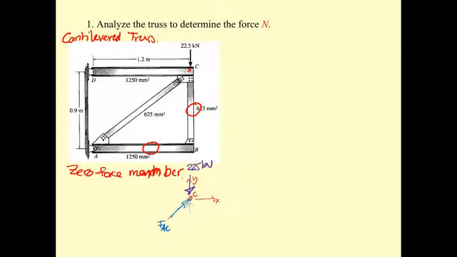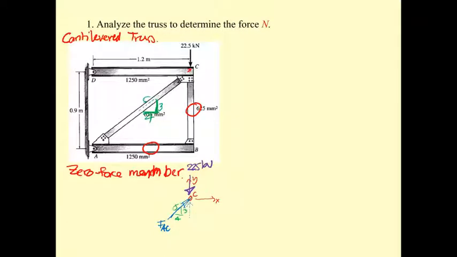F sub AC has the ratio of what? This is 0.9, this is 1.2, and that gives us 3, 4 and 5.